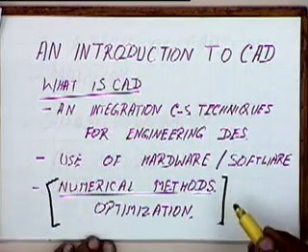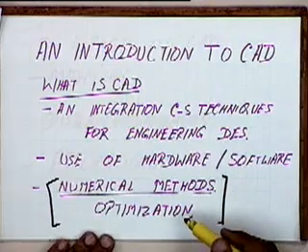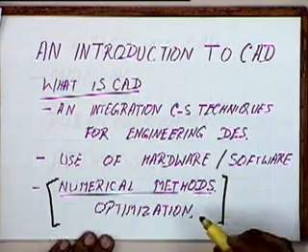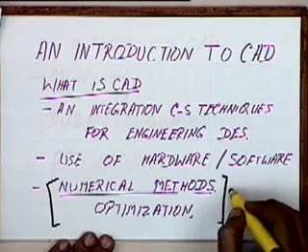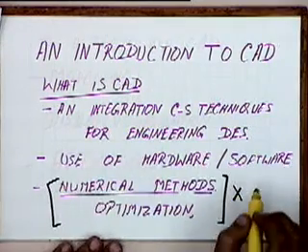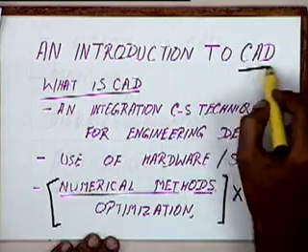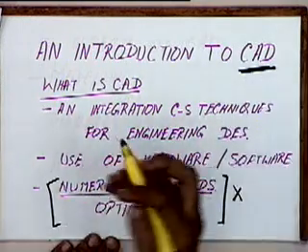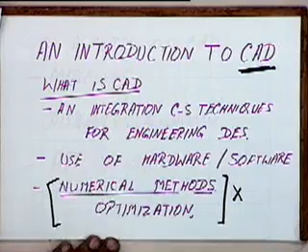Quite often CAD is referred to as numerical methods and optimization. But as a part of this course, we will not be touching upon this part. In this course, we will essentially be talking of computer aided design as starting from a CAD model. We will be talking of modeling and its applications.